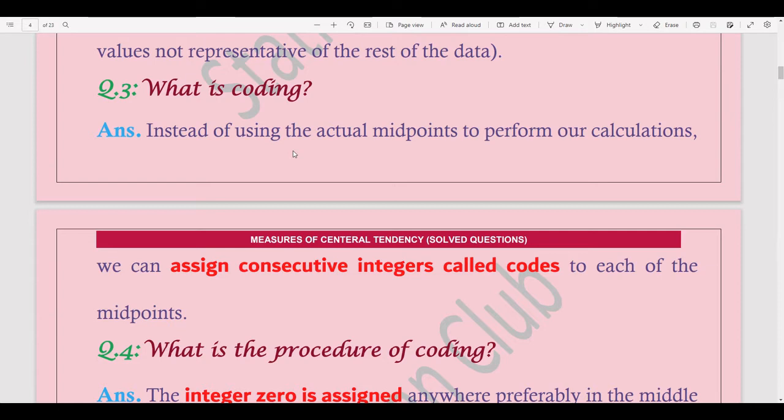Mostly we take the assumed mean at the middle of the values, or near about the middle. By dividing by the class interval, we get consecutive integers, and these are called codes.